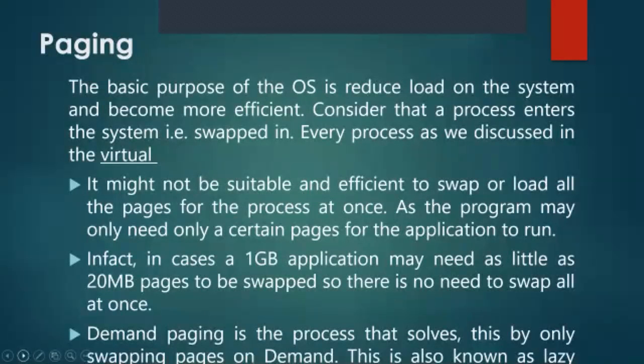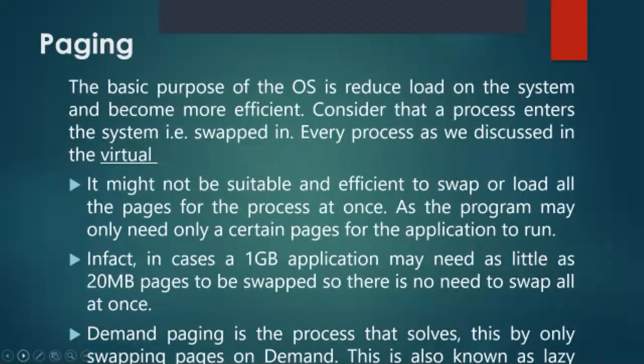The basic purpose of an operating system is to reduce load on the system and become more efficient. Consider that a process enters the system, that is, it is swapped in. Every process we discussed is virtual. It might not be suitable and efficient to swap or load all the pages for the process at once. All the pages cannot be accessed at once. Why?